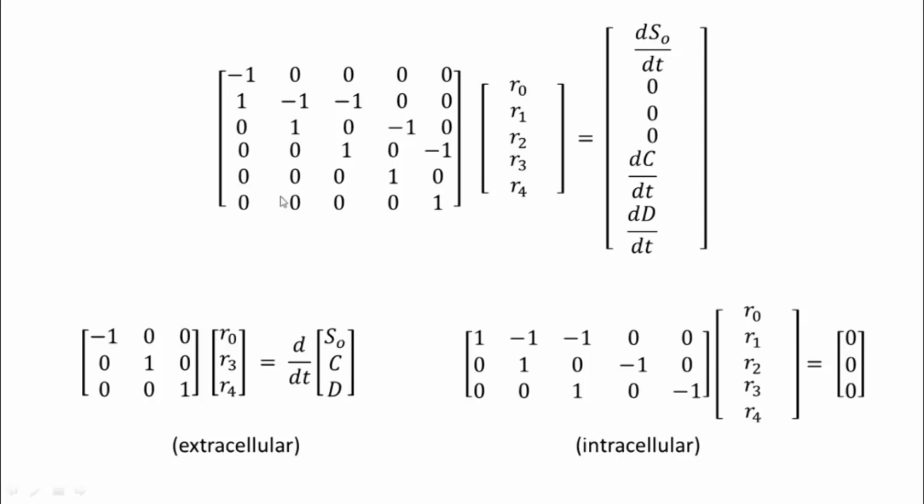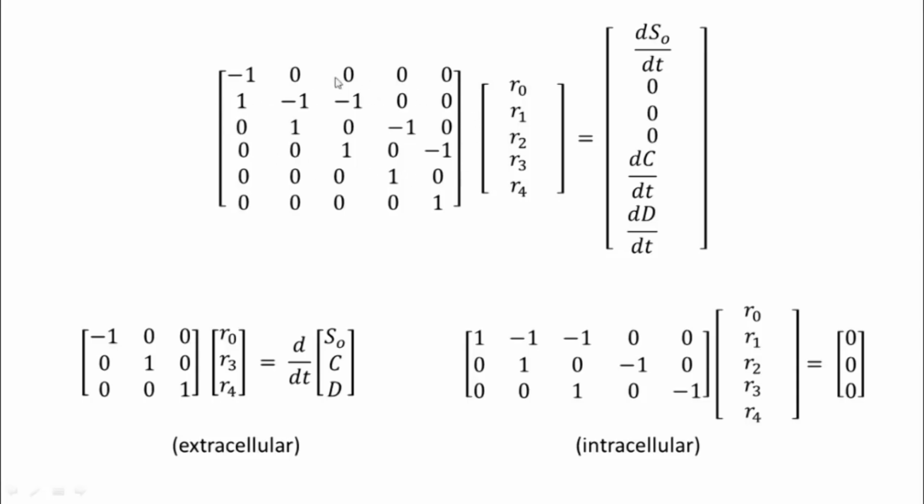The extracellular part is this, -1, 0, 0, 0, 1, 0 and 0, 0, 1, corresponding to R0, R3 and R4, and they correspond on this side to d dt of S0, C and D, whereas intracellular, which corresponds to A, B and S, which are actually 0 here, can be taken from this particular part of the stoichiometric matrix.